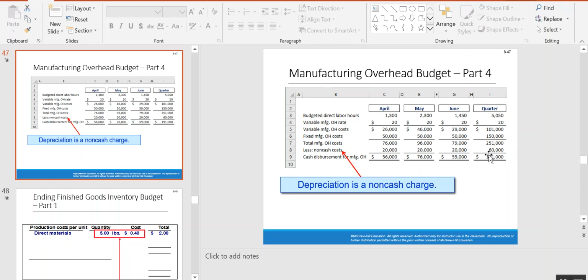And you see here that the $20,000 per month is taken out, and that means we have $191,000 for the quarter, and then that's different, of course, based on each of these months. But we are deducting the non-cash expense because we're interested to know what kind of cash disbursements we're going to have for that overhead cost.